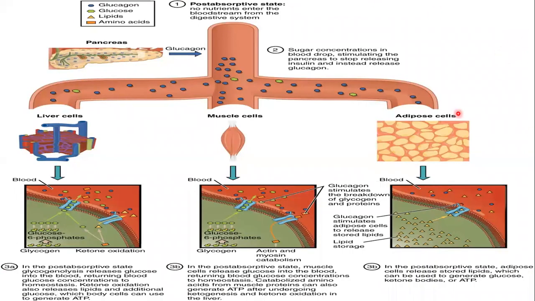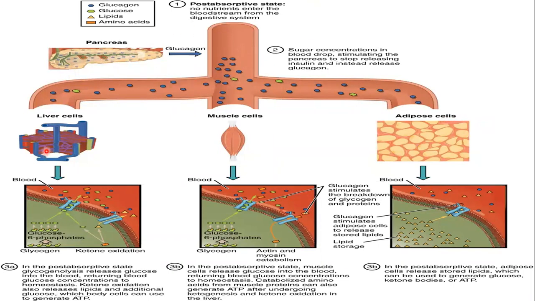This is the diagrammatic view of glucagon, showing how it works in the fasting state. Whatever glucose the body has, the pancreas releases glucagon, and we have very small glucose concentration, like the green points you are seeing here, very small as compared to the glucagon.